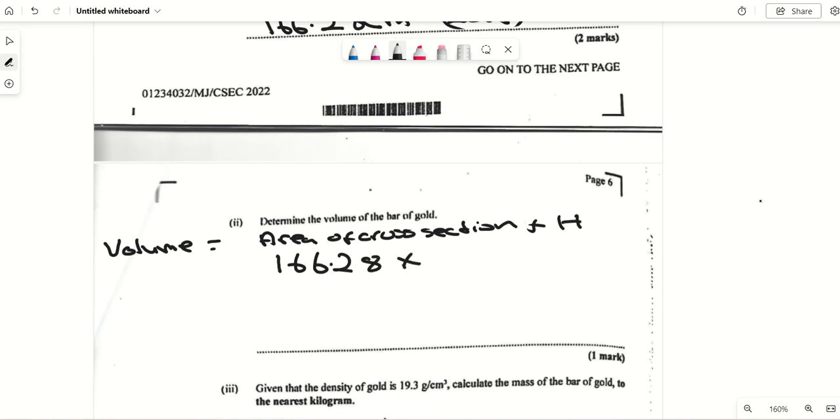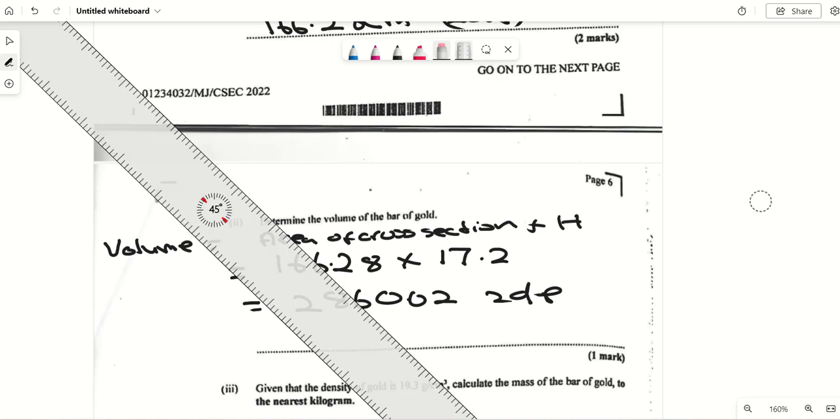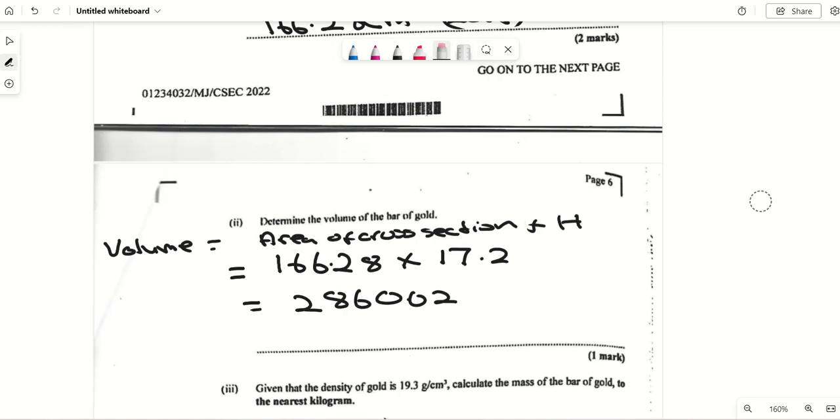So we know that our volume is going to be 166.28 multiplied by 17.2, right? And when you multiply this, you're going to get 2,860.02 centimeters cubed to 2 decimal places.